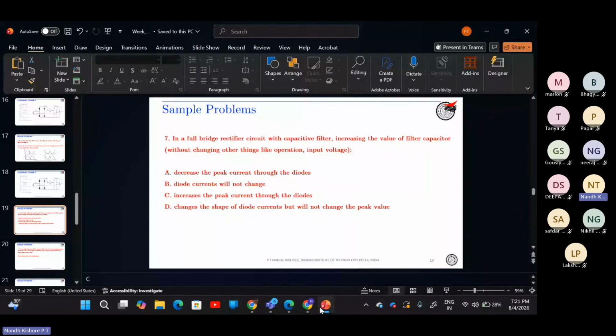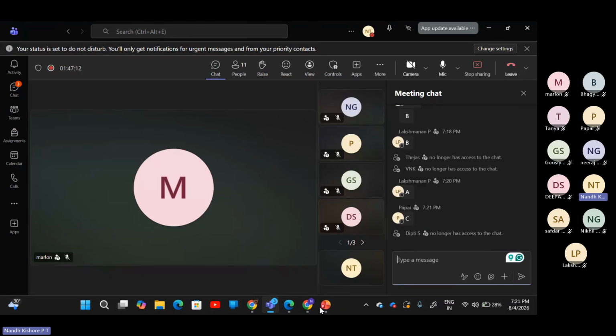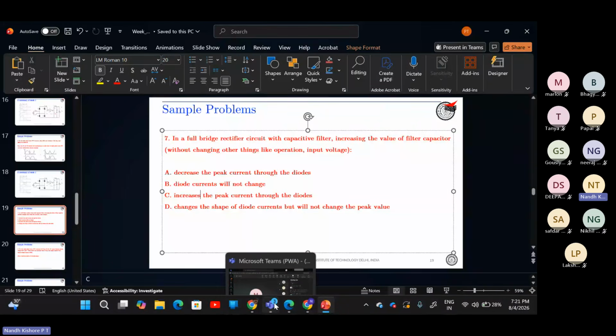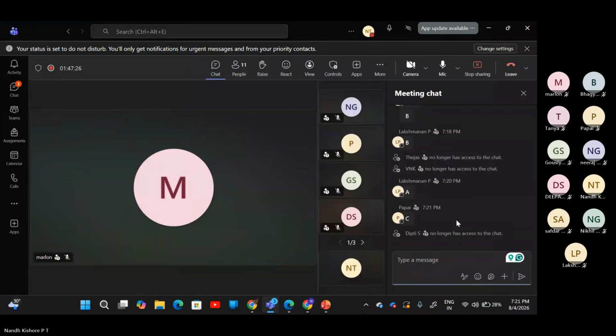If you increase the value of the filter capacitor, what would happen? Option C is it increases the peak current through the diodes. Why would it increase the peak current through the diodes if you increase the value of the filter capacitor?